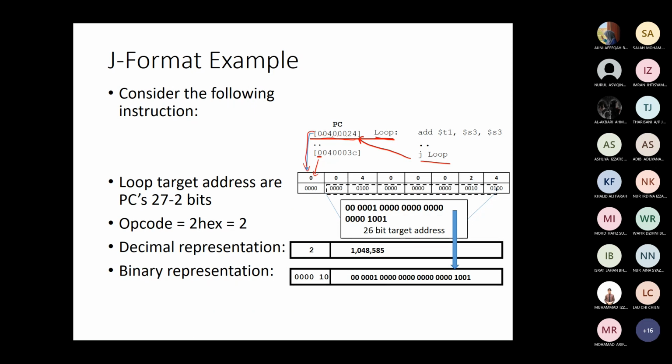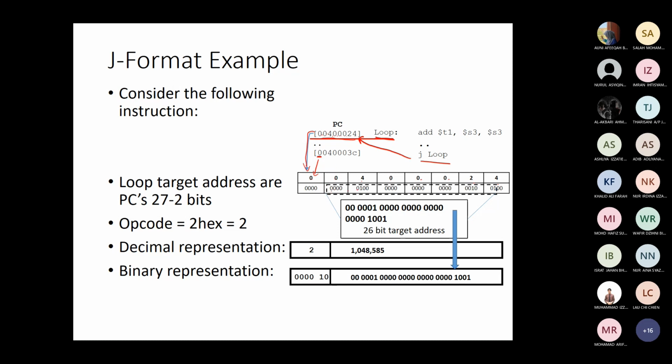We take it out and convert it into binary. So you convert it into binary, and you will get 004000024 in binary bits. Then you take out, starting from the second hex, from the second hex here. So this is the second hex.